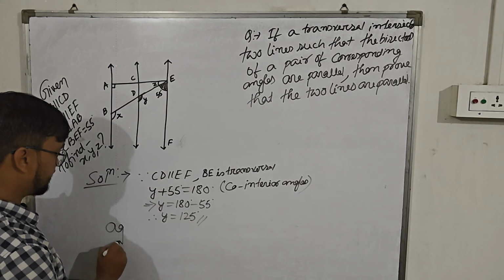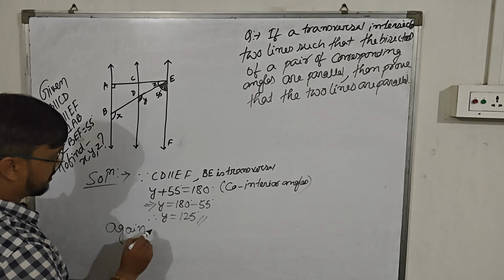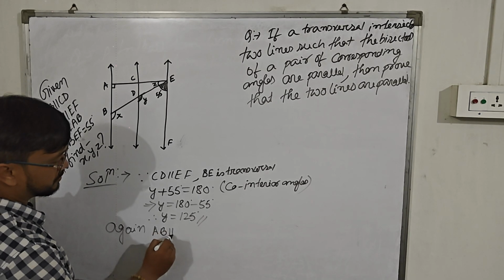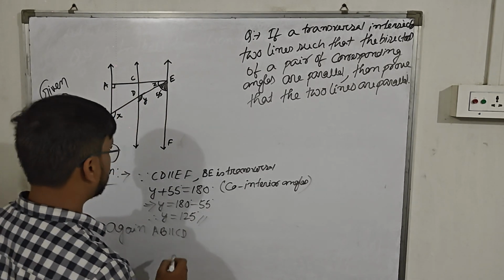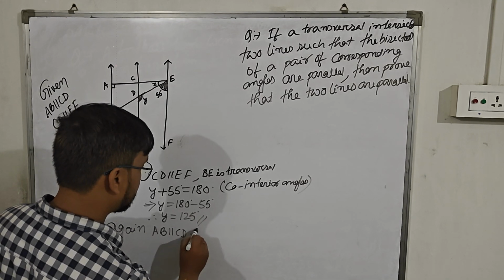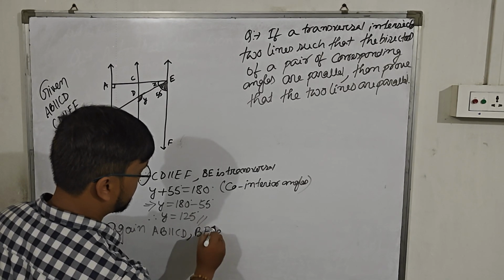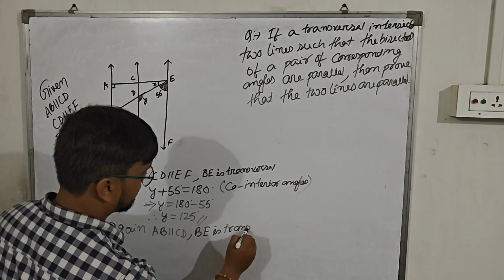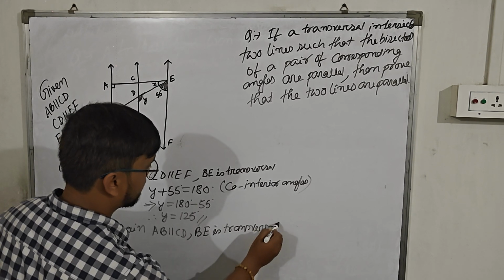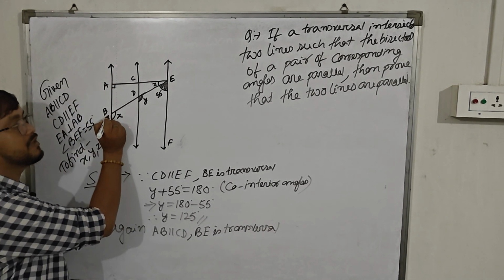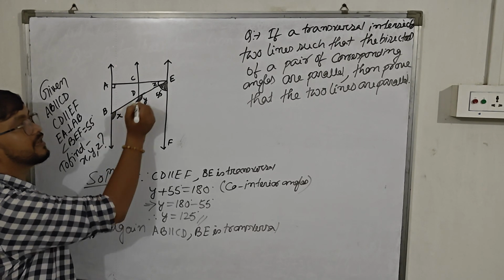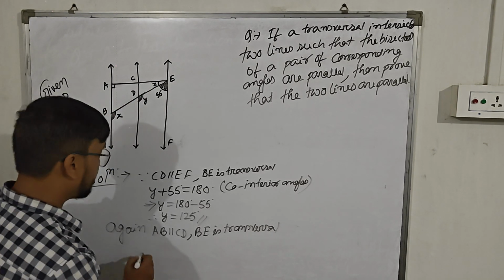Now again, see AB and CD. Again I can say AB parallel to CD. This AB line is parallel to CD. BE is the transversal again. Carefully observe this line and this line, parallel. So obviously this angle and this angle, they are corresponding angles.